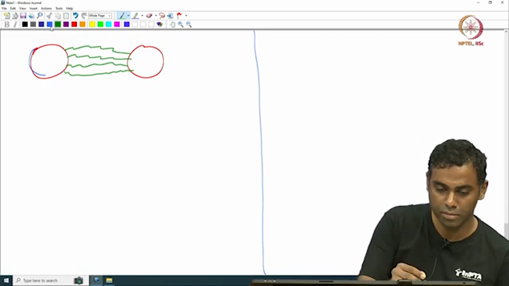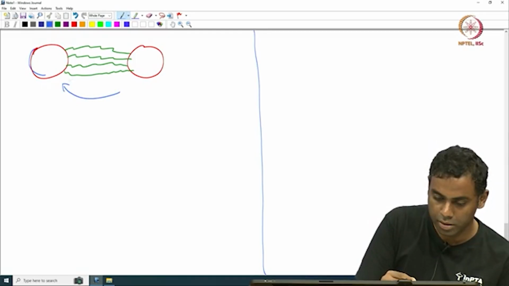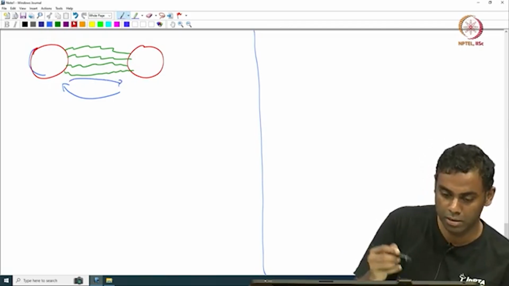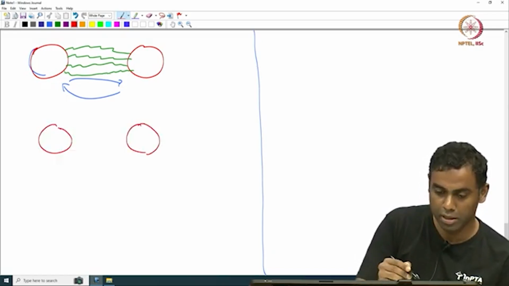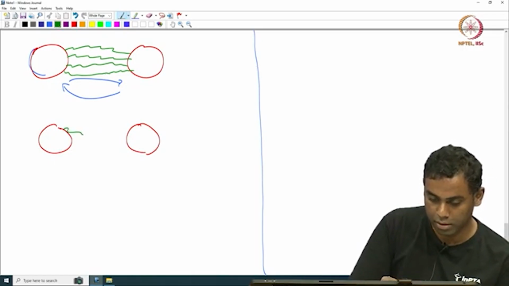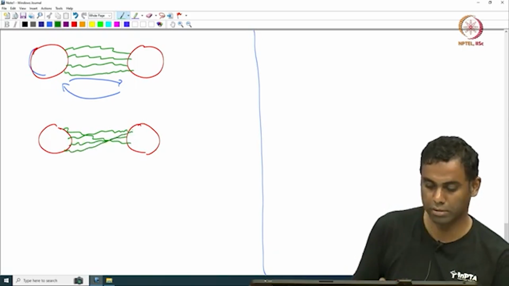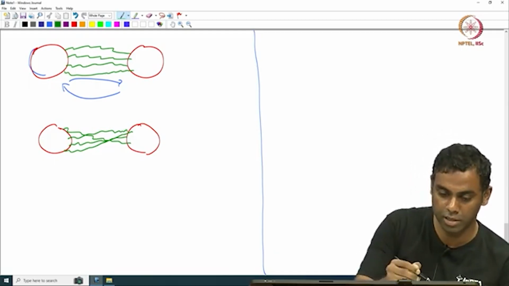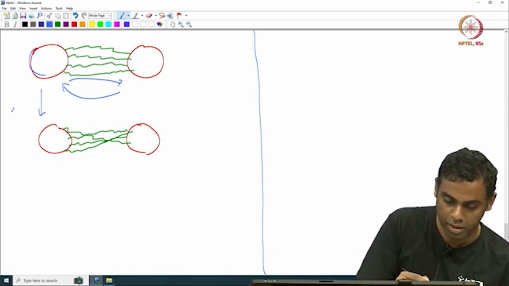But now if I exchange these two in my hands, what could happen? It is quite possible, in fact it almost always happens, that they get entangled. This is under one exchange. So I am going to write it this way, under exchange.